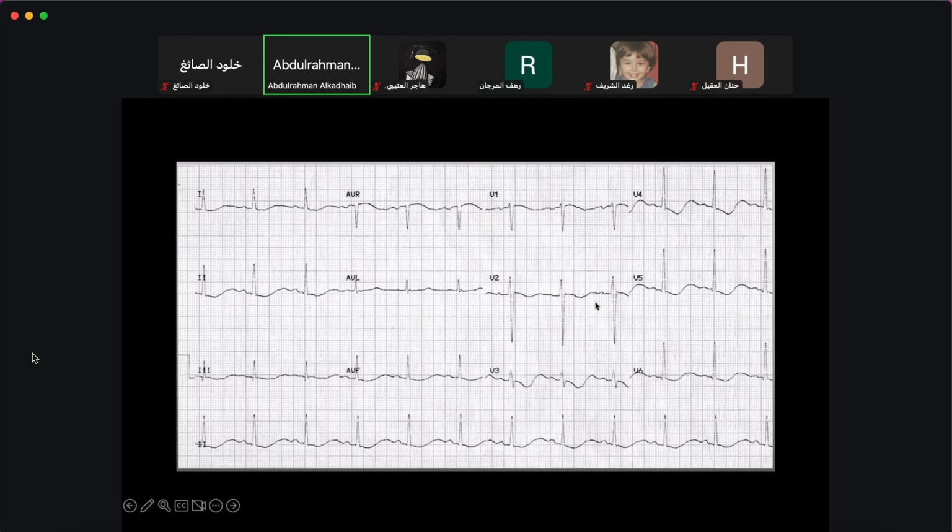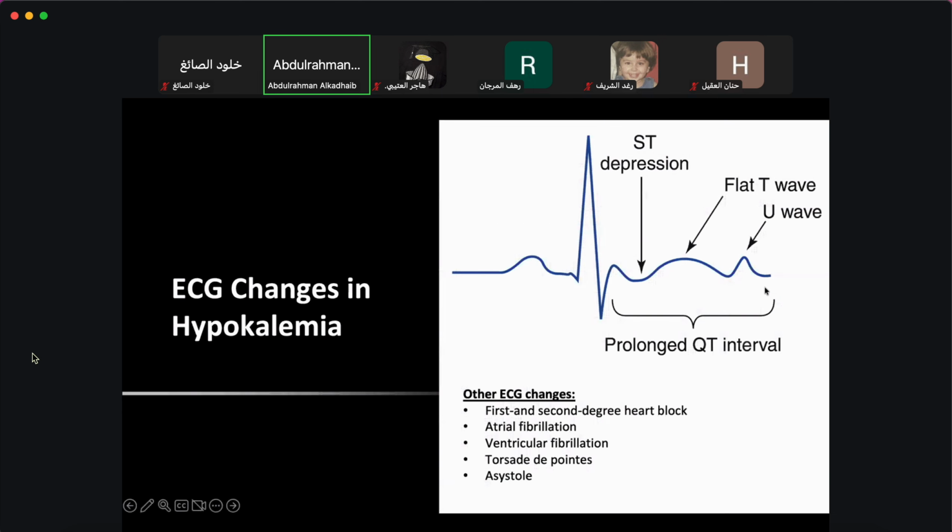And the U wave, basically, is an extra wave between the P wave and the T wave. It's very obvious in, for example, lead V2, and we will talk about it more in the next slide. So those are the changes of hypokalemia.